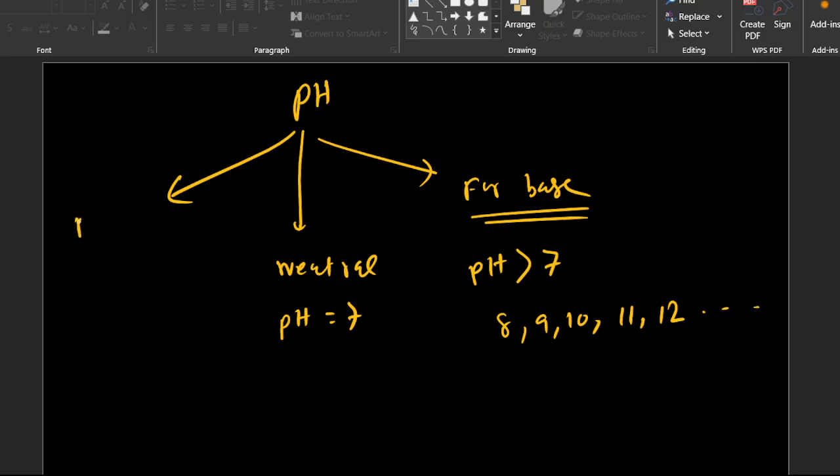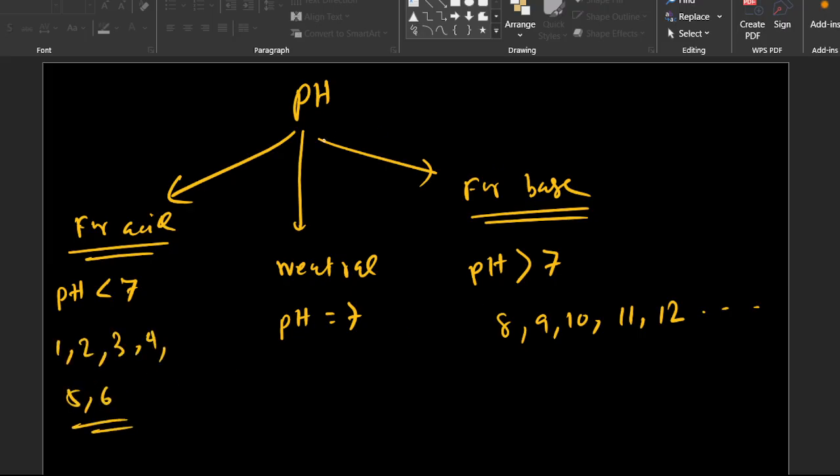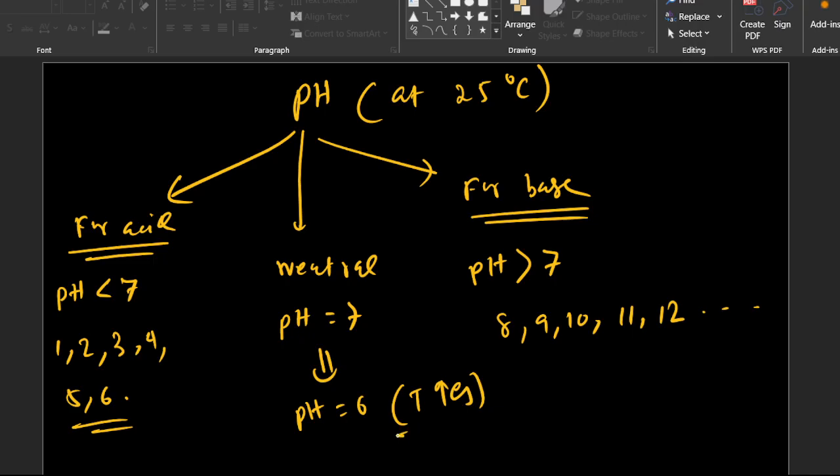And for acids, pH is less than 7, that is 1, 2, 3, 4, 5, 6. So this is at 25 degrees centigrade. If we increase or decrease the temperature, then this neutral value may shift, to pH equal to 6 if temperature increases. So if we study at 25 degrees centigrade, this will be the pH.